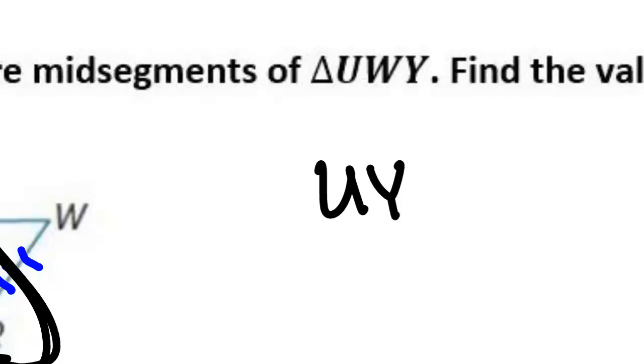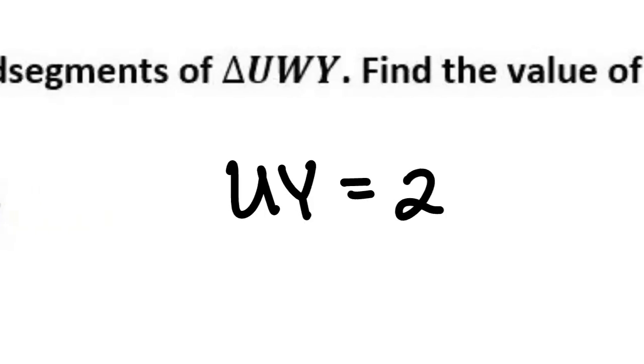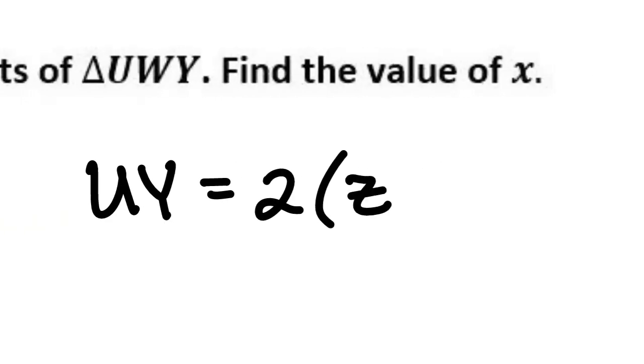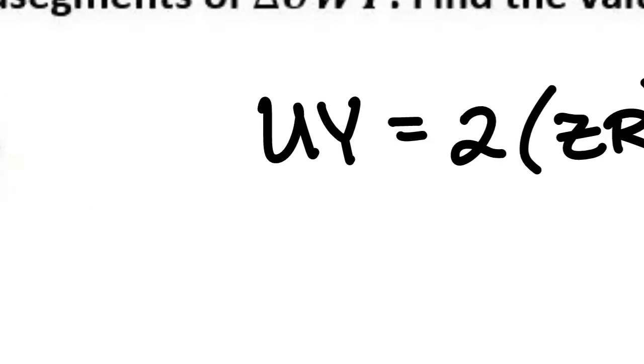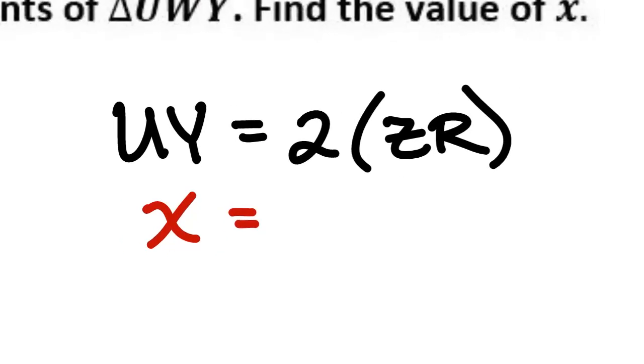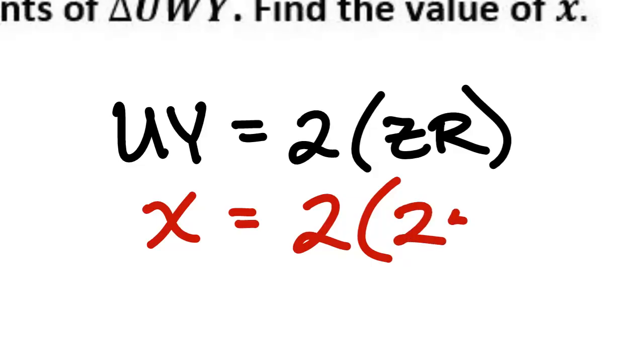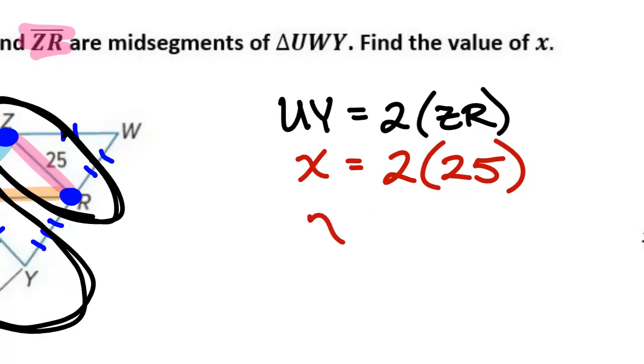So UY is equal to 2 times ZR. What'd you say? 25 from right here. In the place of UY, we're going to put X because that's how it's marked on the picture. UY is marked with an X right here. That would be equal to 2 times 25. So X would be 50.